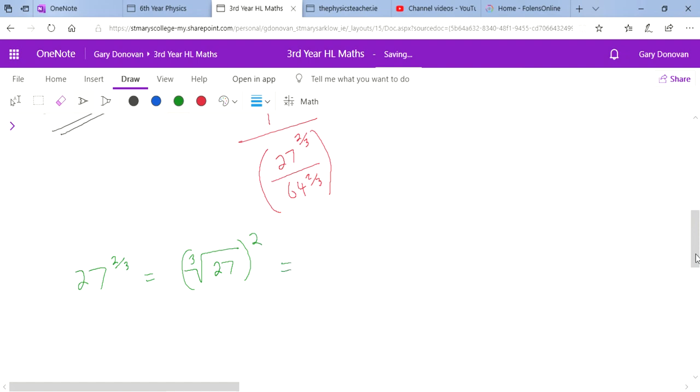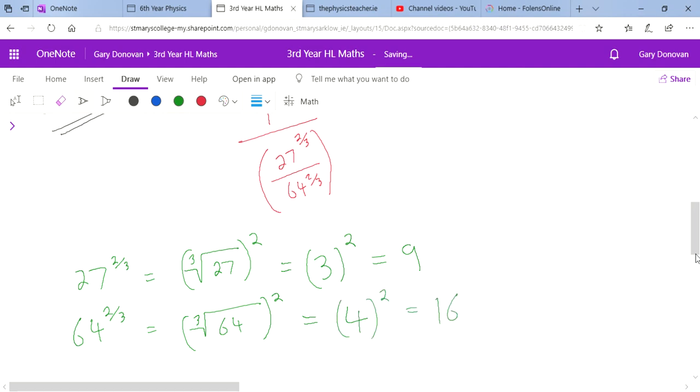Cubed root of 27 is 3 all squared, so that simplifies down to 9. And I'm going to do the same with the 64 to the power of 2 over 3. That's the same as the cubed root of 64 all squared. Cubed root of 64, now you can put that bit in your calculator, is 4 all squared, which is 16.